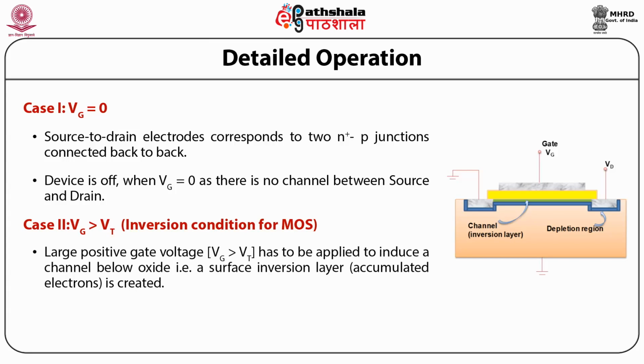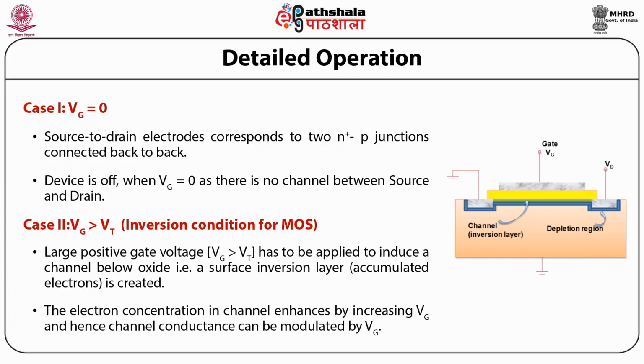If we have a large positive gate voltage, that is Vg greater than Vth, it induces a channel below the oxide, that is a surface inversion layer of accumulated electrons is created. The electron concentration in the channel gets enhanced by increasing Vg, and hence channel conductance can be modulated by Vg.